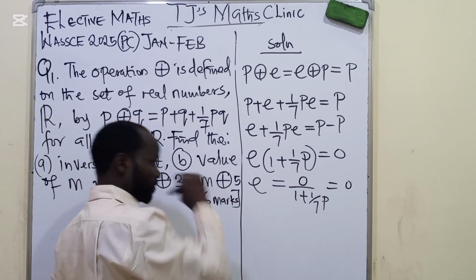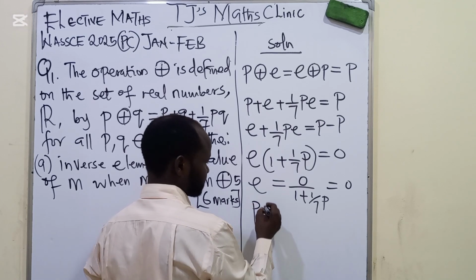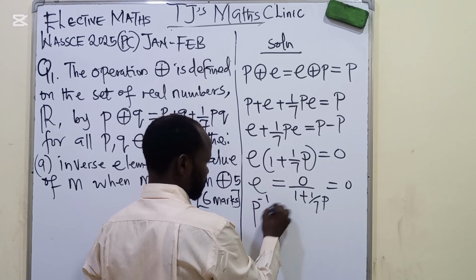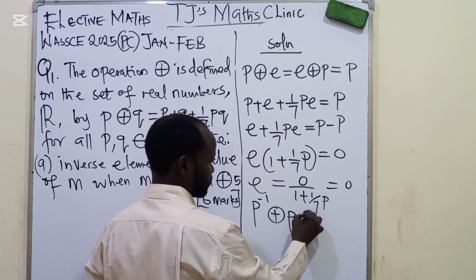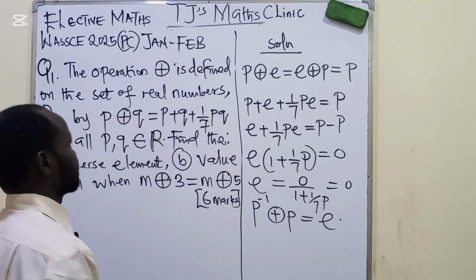So the inverse now, the inverse of P operation P, will be equal to the identity element. Very important. Okay.